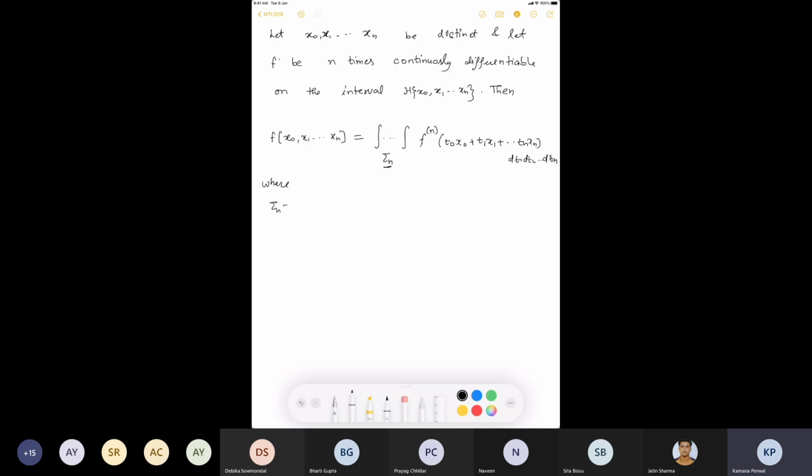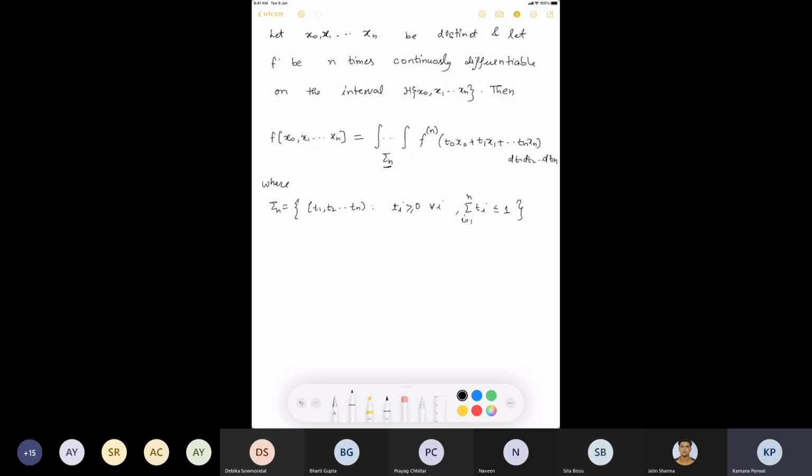This tau n is the set of all t1, t2 up to tn such that each of these ti's is non-negative, and the sum of the ti's from i equal to 1 to n is less than or equal to 1.